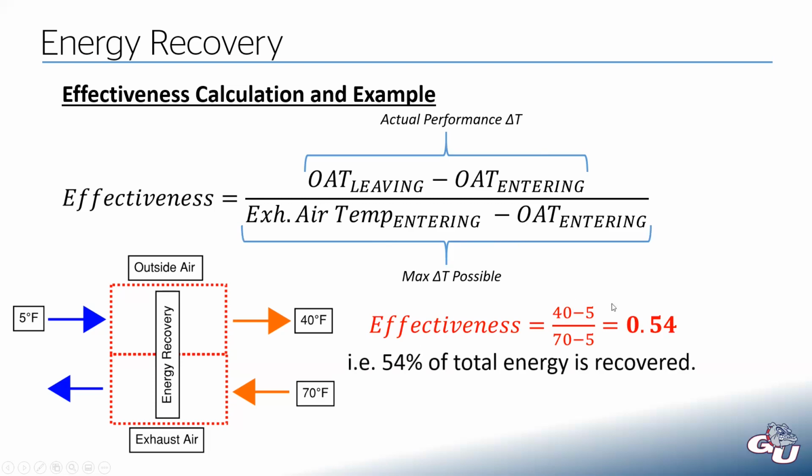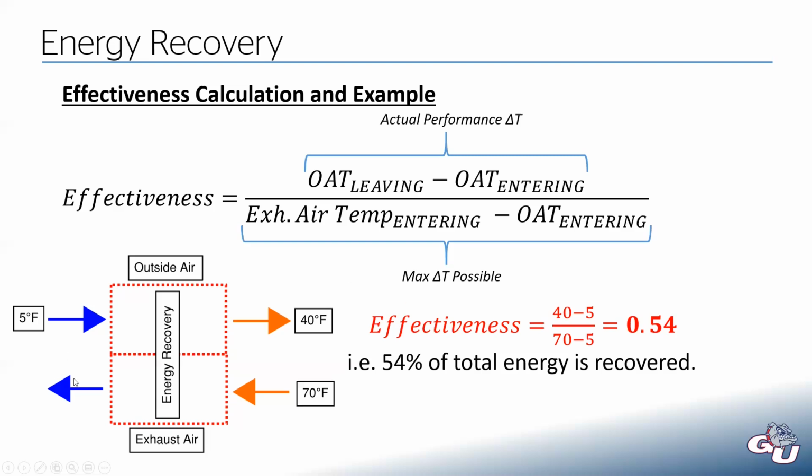And you can see by looking at these terms, if our leaving outside air temperature right here were to increase, it would start to approach this 70 and result in a higher effectiveness because we're recovering more energy out of the exhaust stream.